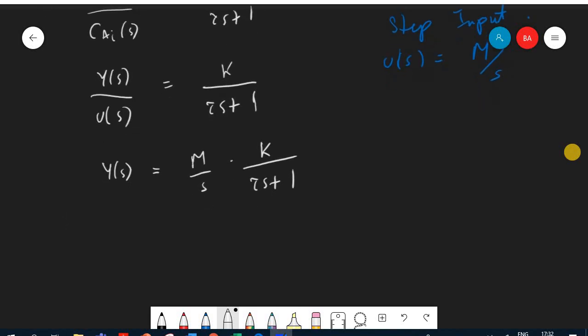Great. So if I have something which looks like Km over s(tau s plus 1), you can define this in the Laplace table.